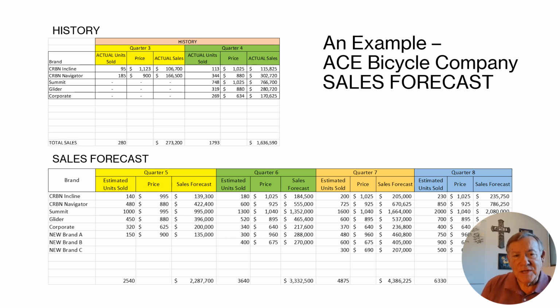In our particular example here, we have history, and that's portrayed at the top of the slide. Actual sales of bicycles. And then we have a sales forecast for the next 4 quarters, quarters 5, 6, 7, and 8, based on our history and based on our best estimate of sales of new brands that we're bringing to market.